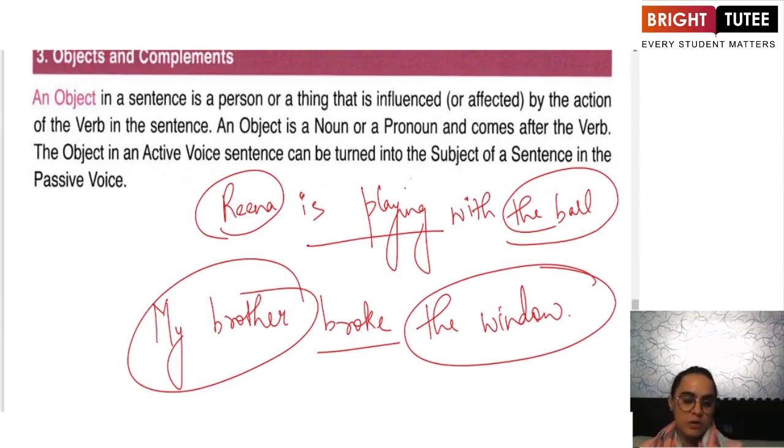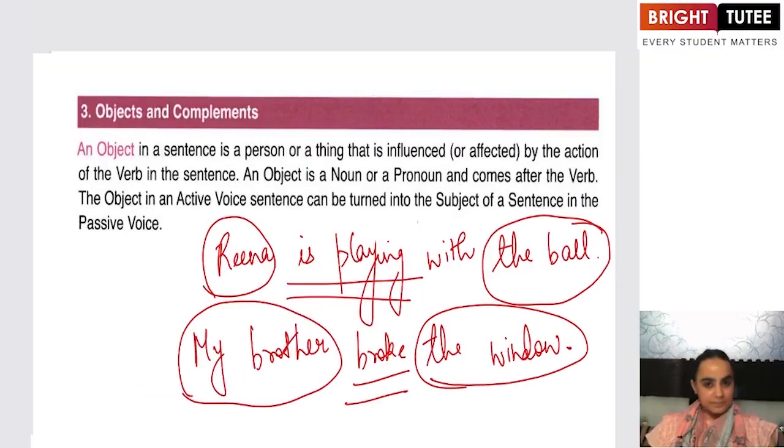The object of a sentence becomes the subject in the passive voice, and the subject of a sentence becomes the object of the same sentence. So in the active and passive voice, the position of the subject as well as the object is interchanged. So this also will help you to identify an object in the sentence.